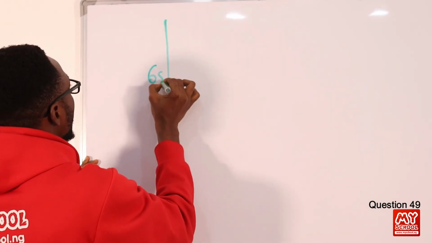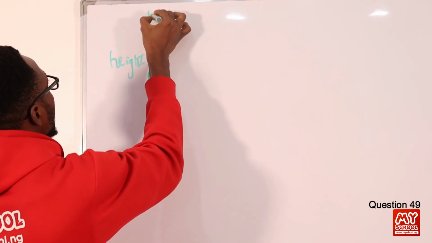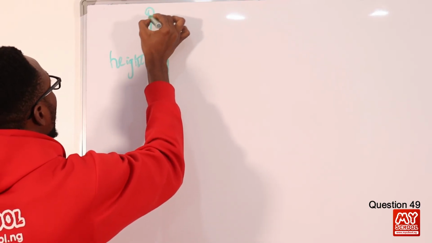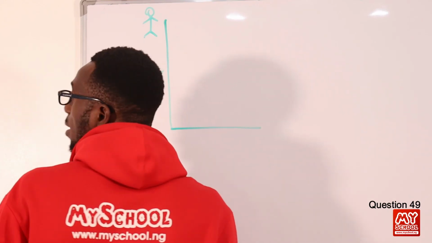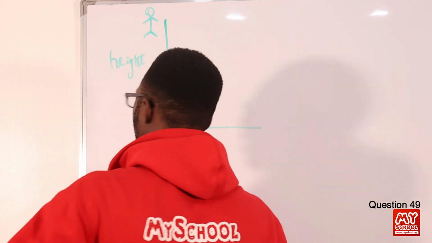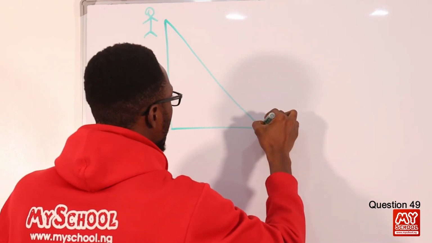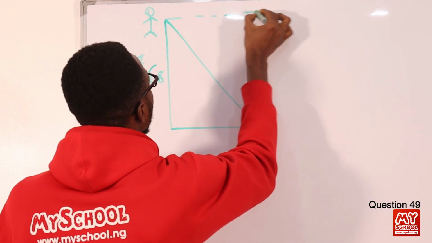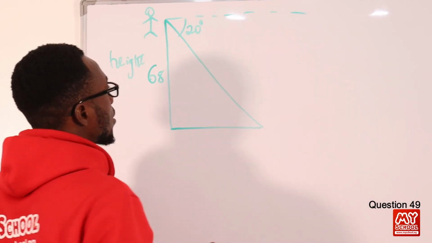This is the height of the tower. Let's say the boy is right here, looking at the principal's car at an angle of depression of 20 degrees.